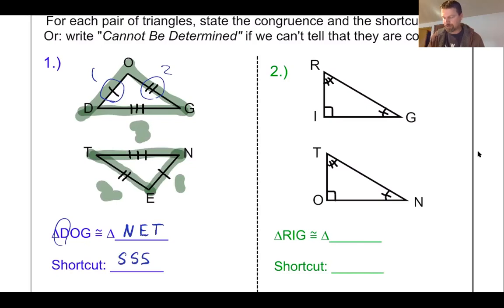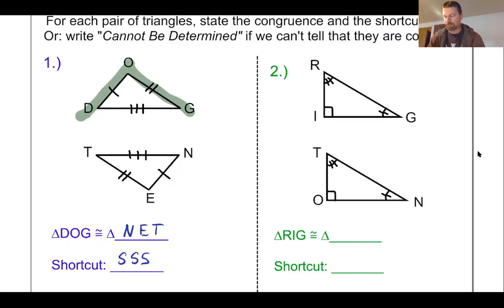So same order, DOG along the 1 and the 2 would be the same as NET along the 1 and then the 2 tick marks. That order is important, so make sure you write these in the correct order. If what I'm saying does not make sense, you should definitely talk to me during our live session. I will explain it as much and often and in different ways as need be.